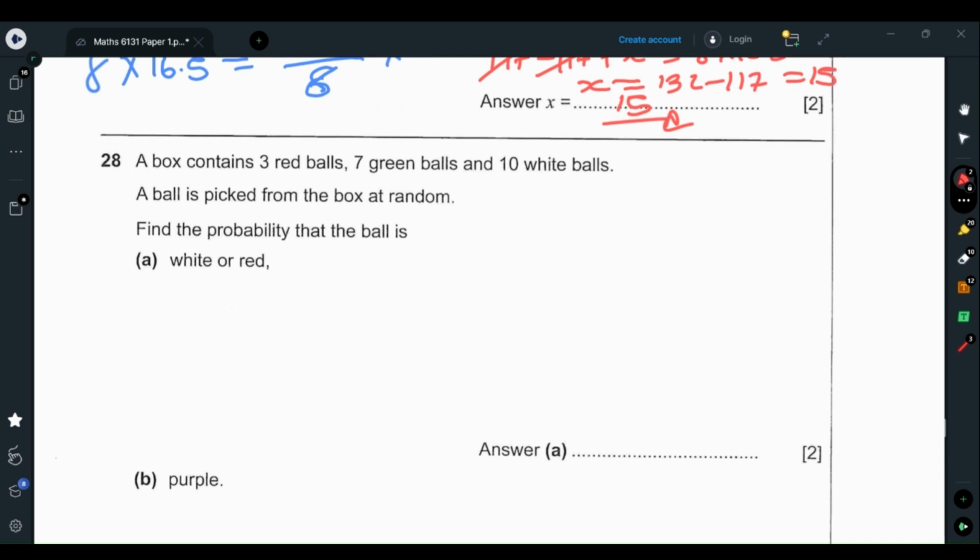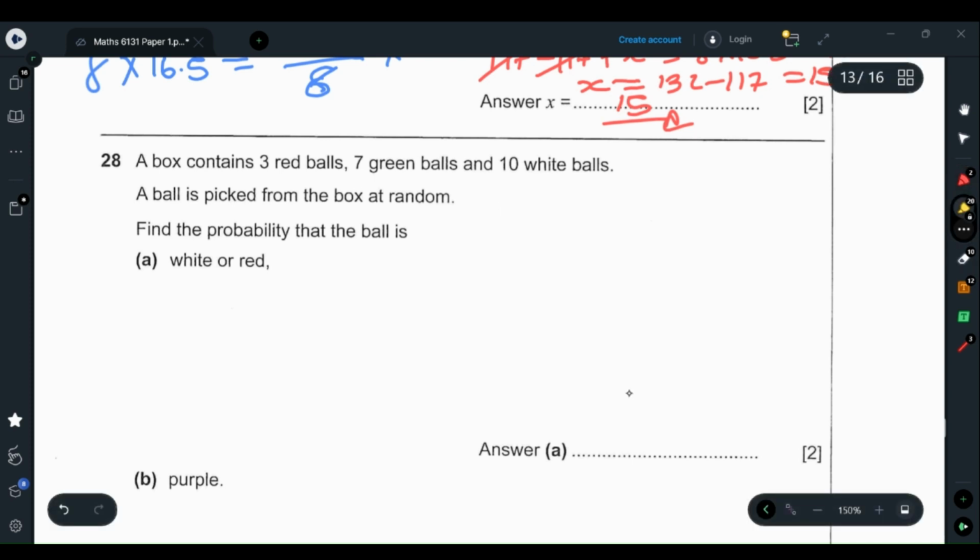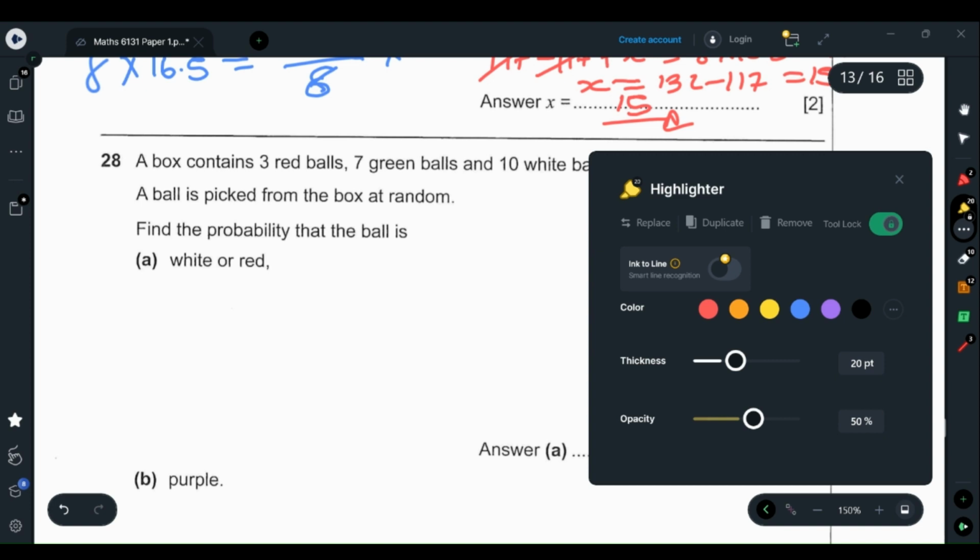Alright, question 28. A box contains 3 red balls, 7 green balls, and 10 white balls. A ball is picked from the box at random. Find the probability that the ball is white or red. Alright, cool. So we have a box.